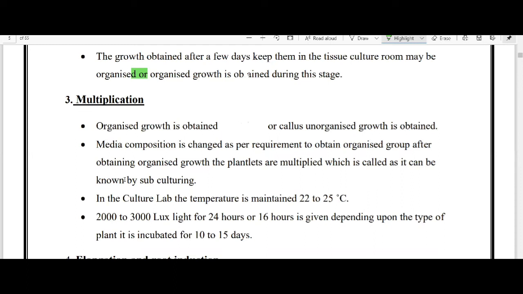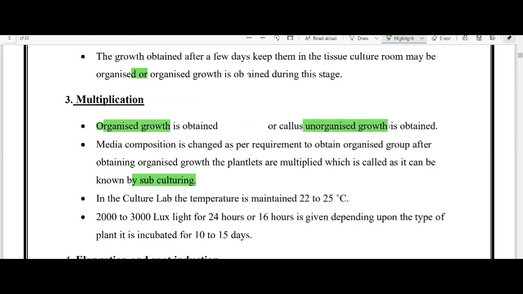We can also subculture this culture. So if we are getting organized growth, then no problem is there in our culture.